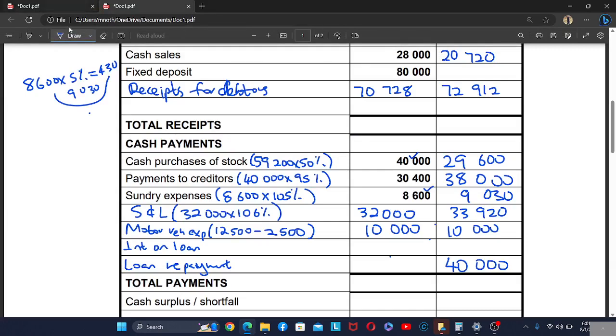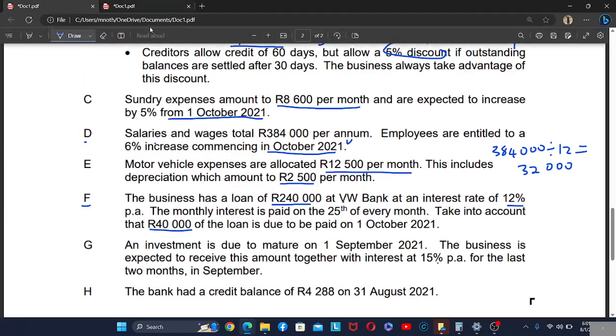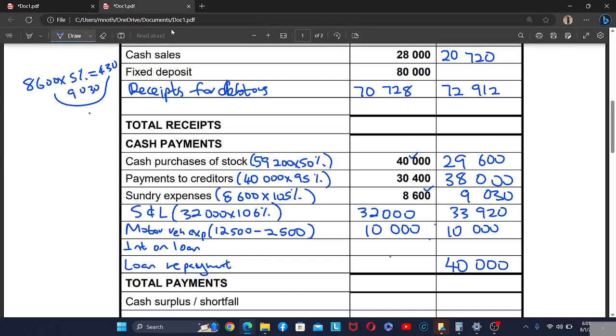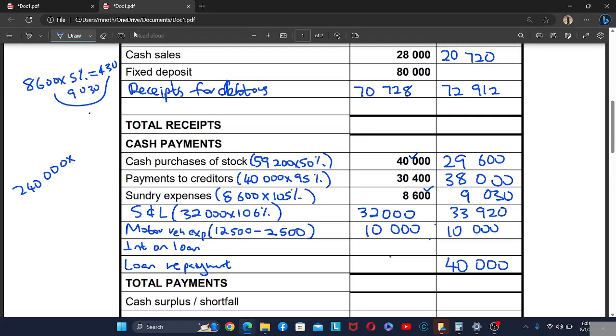Right now, the loan amount is 240,000 multiplied by 12%. Let's calculate for September.